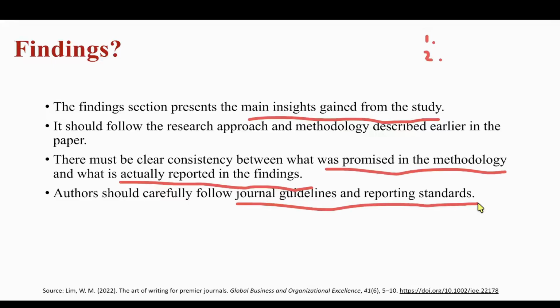If you are confused at any point of time as a researcher, it's always good and advisable to look at a few recent research papers of that journal. Which journal are we talking about? The journal you are targeting to submit to. It might be an A category, A star, B category, C category, or FT50, right? So just look at the journal guidelines first and then a few of the research articles.